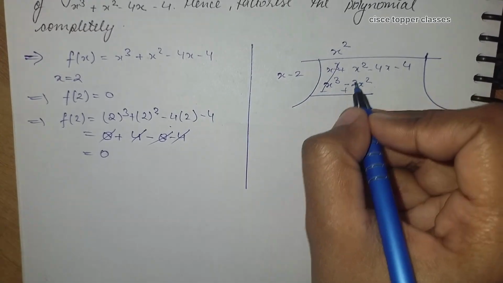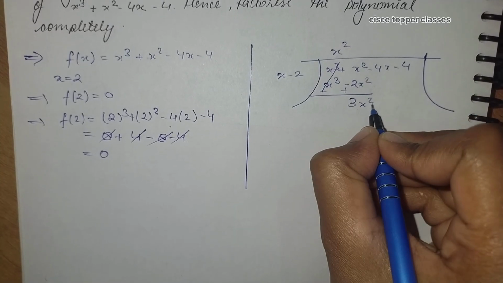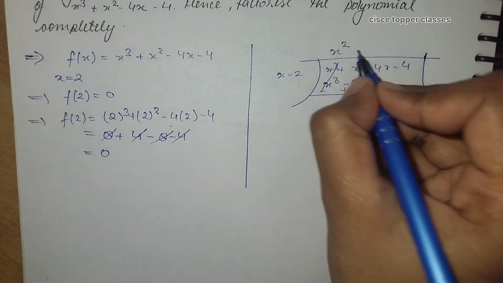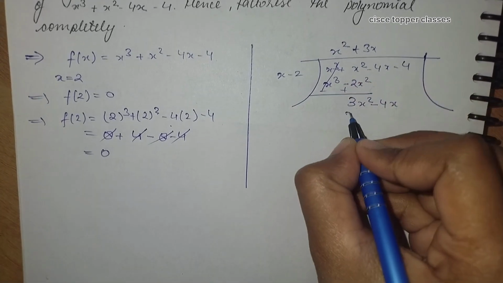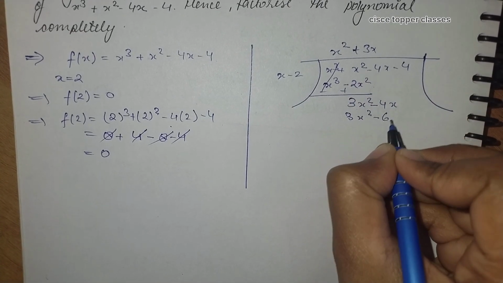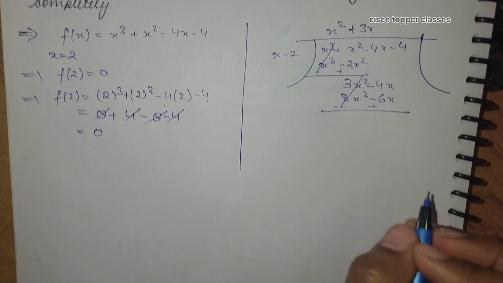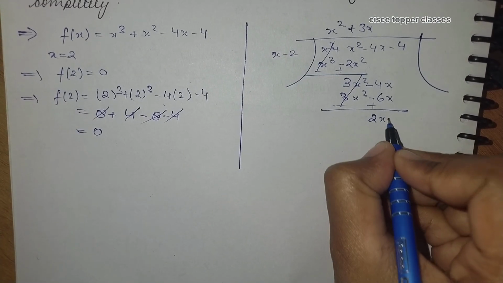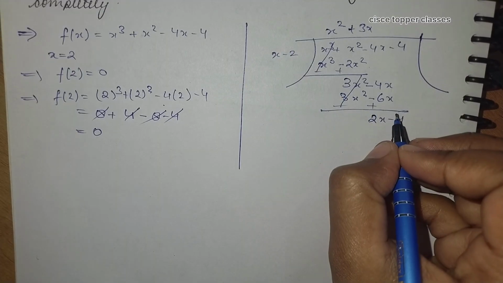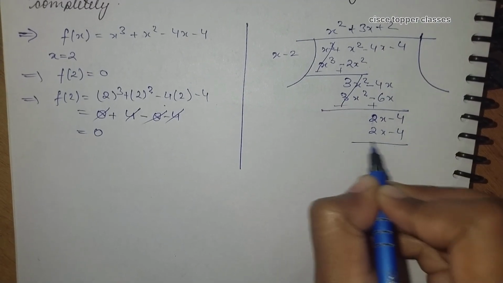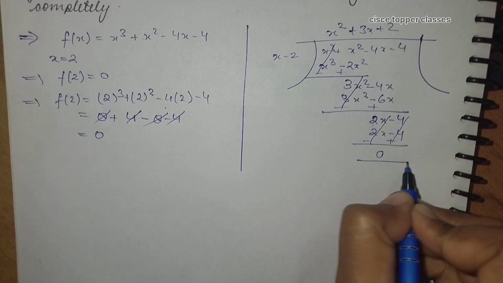Subtracting that part, this will cancel out and we will get 3x square this side. Now minus 4x. Again multiplying with 3x, that will become 3x square minus 6x, and subtracting that part, this will cancel out and we will get 2x here. 2x minus 4. Again multiplying with 2, that will become plus 2, and 2x minus 4. This whole thing will cancel out and we will get 0.